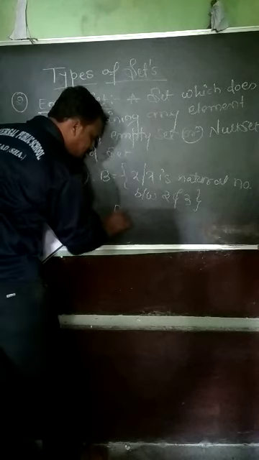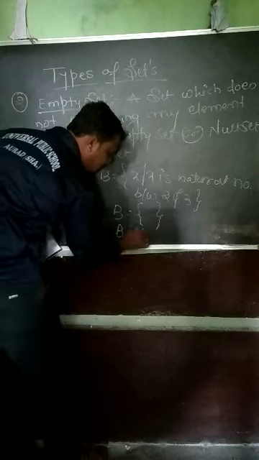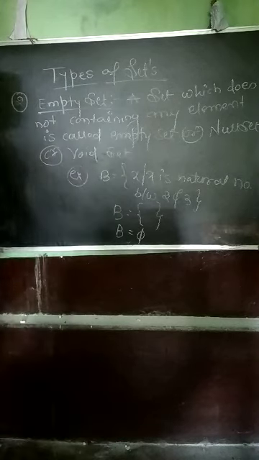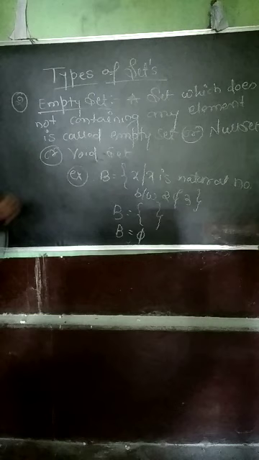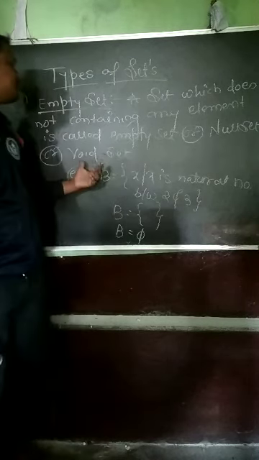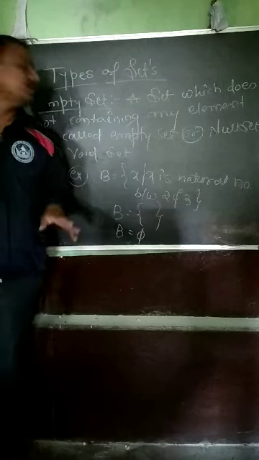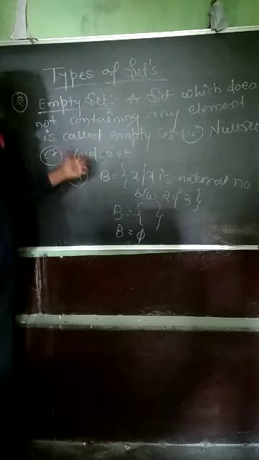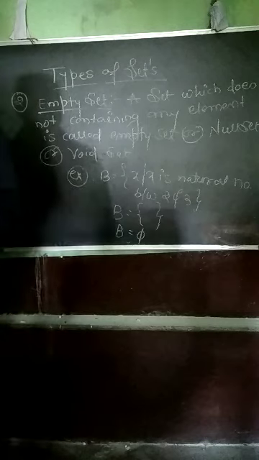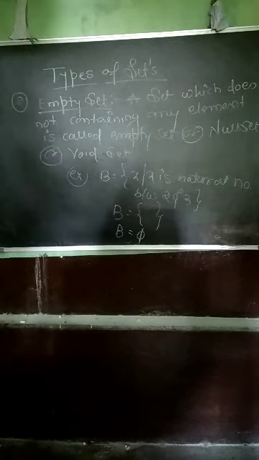See here, between 2 and 3 there is no natural number. Therefore B is equal to phi, the empty set. This is an empty set, and we also call it a null set or void set. A set which does not contain any element is called an empty set, null set or void set.